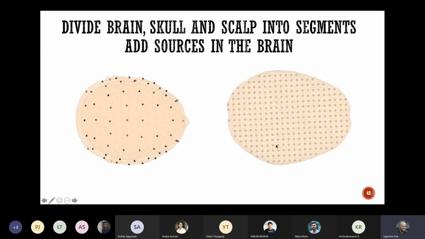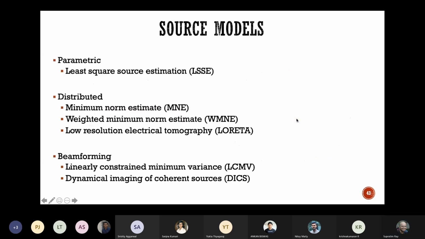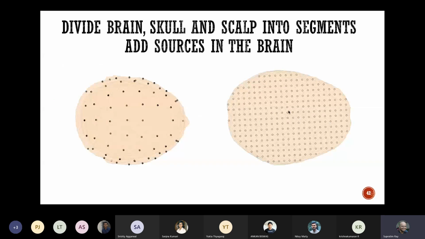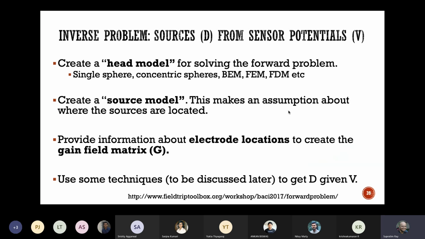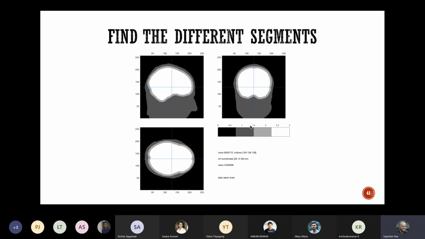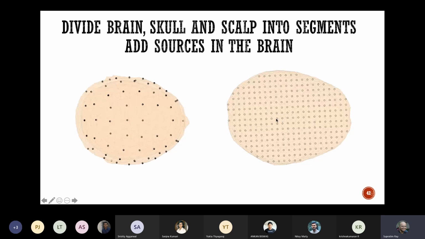So this is a non-parametric method. I've got a ton of these dipoles. But if I put all of this together, this algorithm will give me a gain field matrix G. In this case, it will be a 64 cross 10,000, let's say, matrix. If I put a dipole anywhere, I'll immediately find out what the voltage is, as long as the dipole location is one of these.